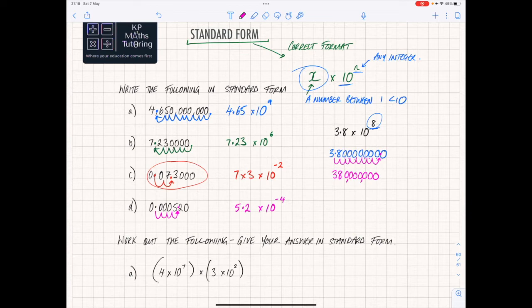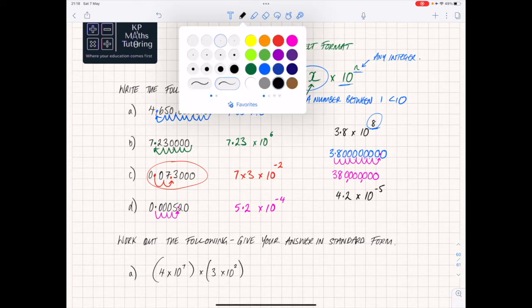Okay? You could also get asked to do something like this, 4.2 times 10 to the power of minus 5, for example, and the process would be exactly the same.